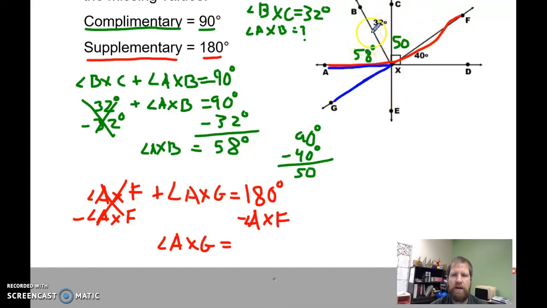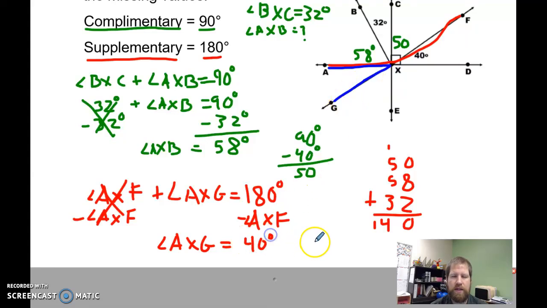We can add all these up. So 50 plus 58 plus 32. 8 and 2 is 10. We're adding 10, 13, 14, 140 degrees. So 180 minus 140 is telling me that AXG should be equal to 40 degrees.